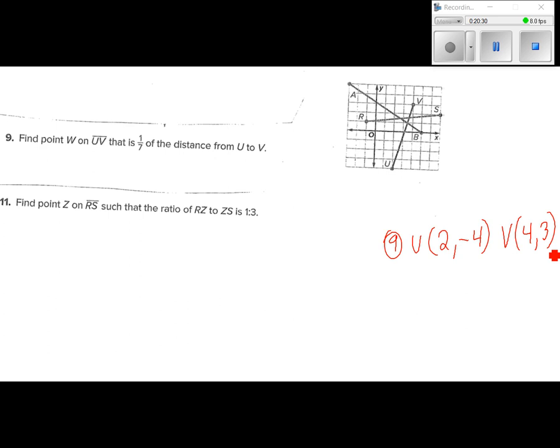Now we gotta go back to this formula, because we have a fraction. This is our x1. This is our y1. This is our x2. This is our y2. What's x1? Plus our fraction.